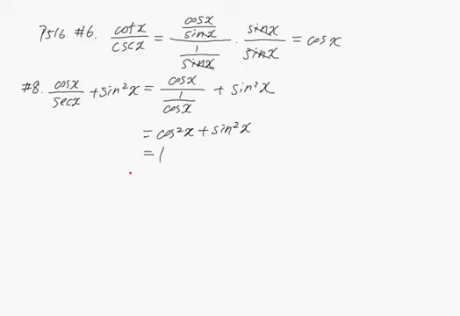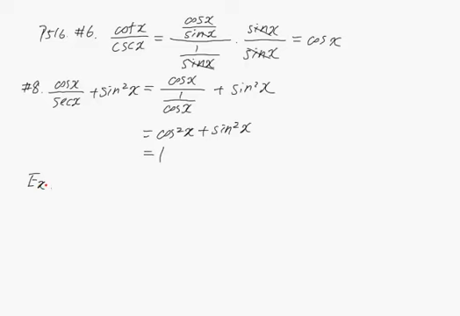Now let's see how we use the identities to rewrite any of the 6 trigonometric functions in terms of any other. So for those 6 trigonometric functions, we may rewrite any of them in terms of any other. So right now, let's look at such an example.